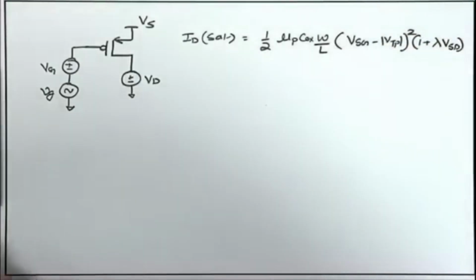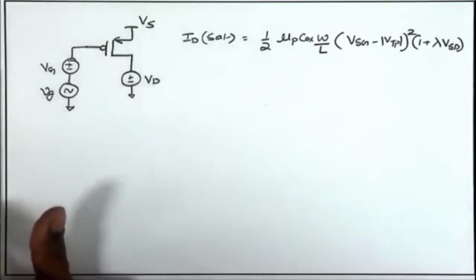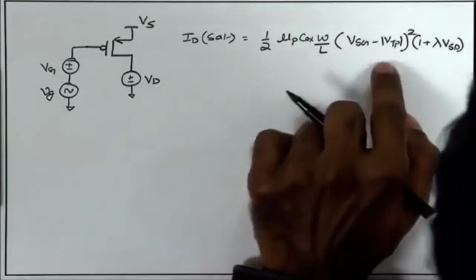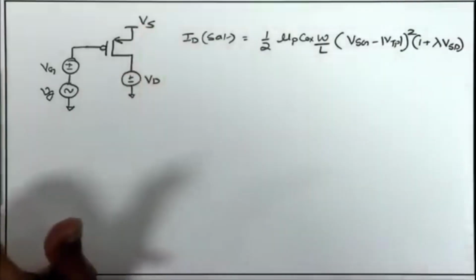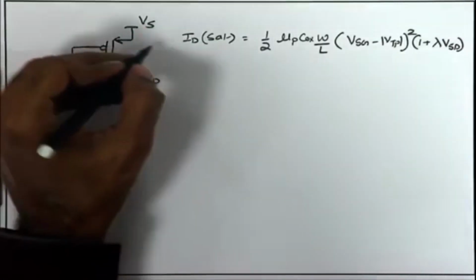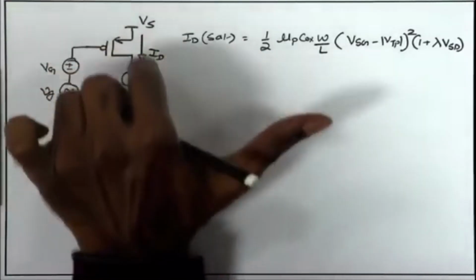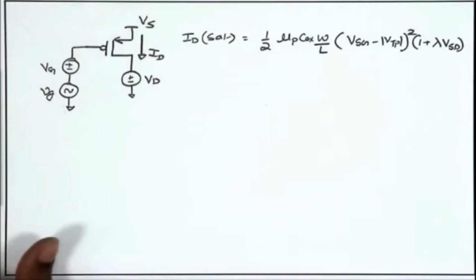So, this is the equation for the saturation region operation of the MOSFET, and this current is the current flowing from source to drain. The positive direction of the current is from source to drain. So, Id defined by this equation is the DC current flowing from source to drain.